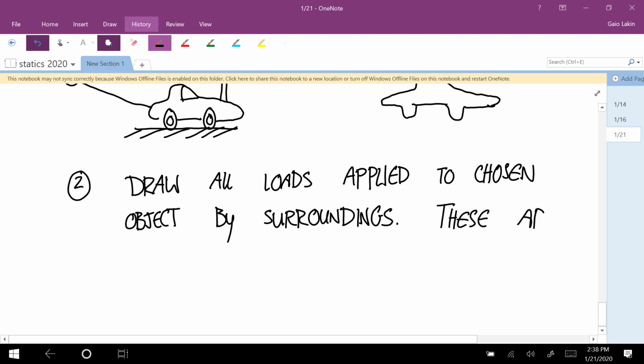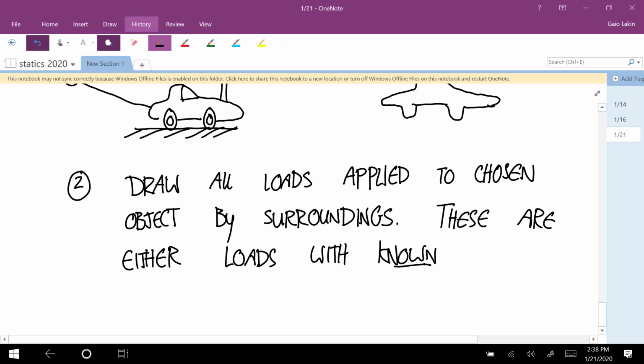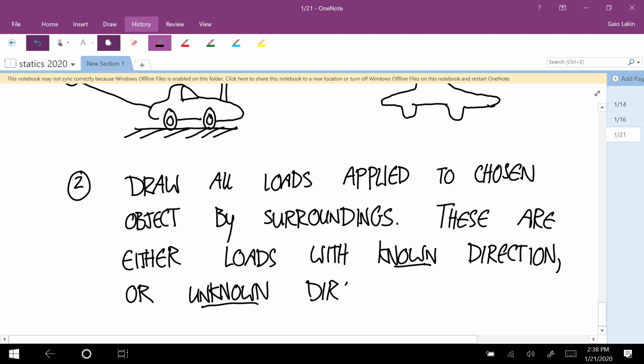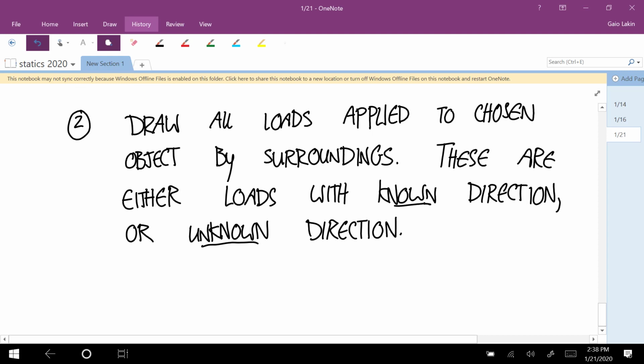So these are either loads with a known direction, or unknown direction. Okay, so let's go through those two different categories.